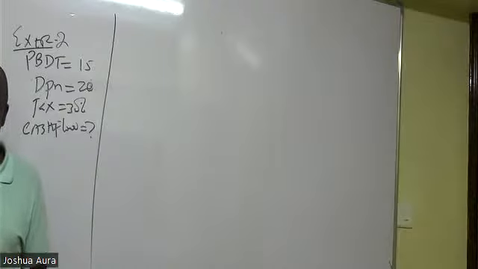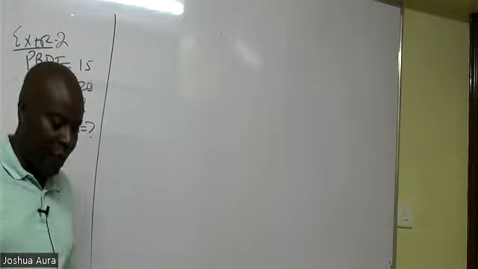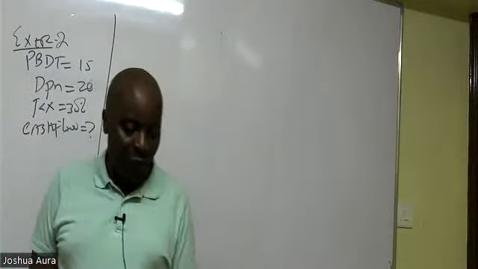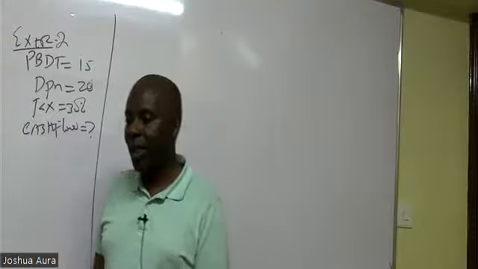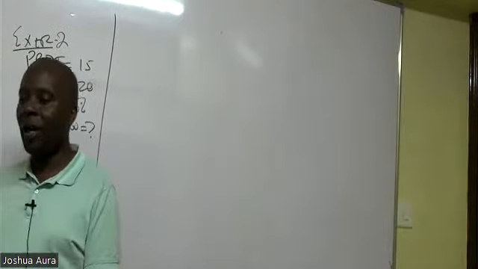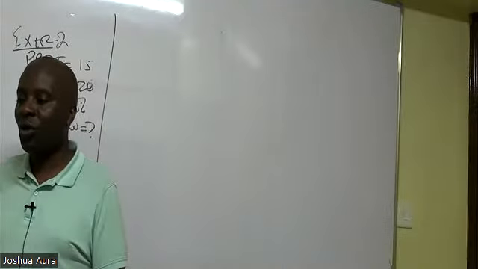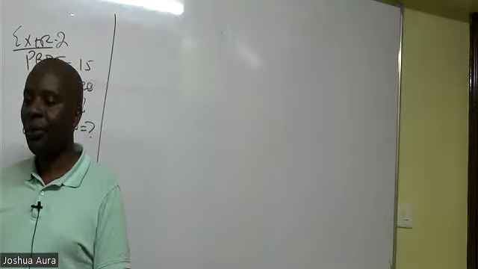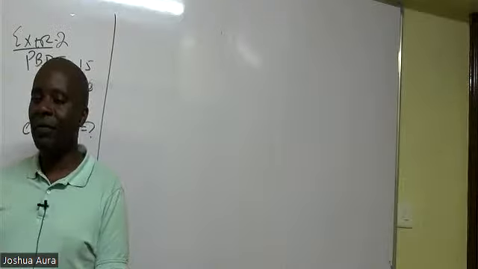I want to know whether there is anybody who has made use of method 1 and gotten that 16.5. Do we have anybody? Tobias Obuago, 16.5. Thank you so much.